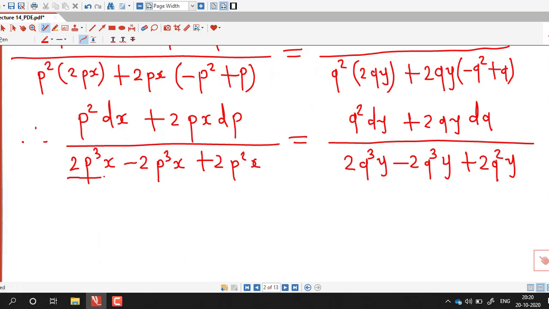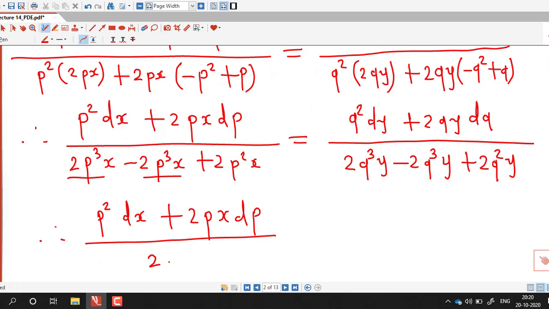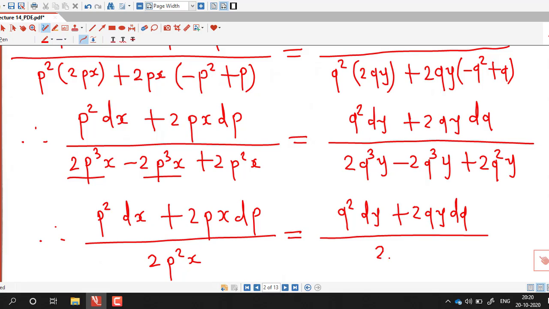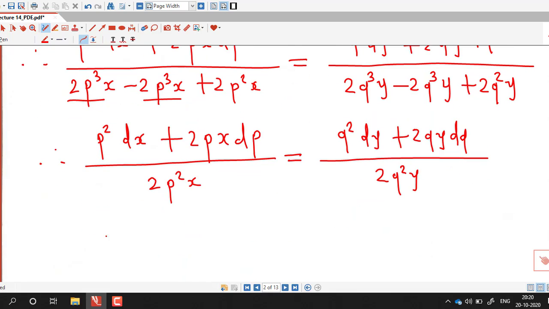So we can see these two will cancel out and we are left with 2p square x. So p square dx plus 2px dp divided by 2p square x. Here q square dy plus 2qy dq divided by 2q square y, and 2 will cancel out. So here we are left with p square x and here we are left with q square y.